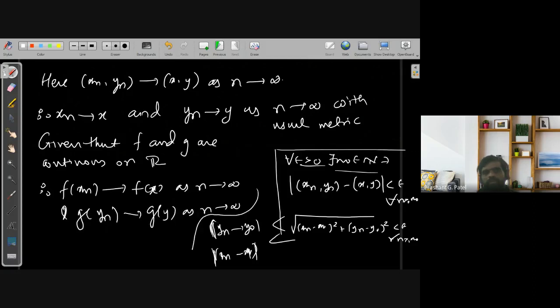That proves this. Now we have to prove that (f of xn, g of yn) converges to (f of x, g of y).